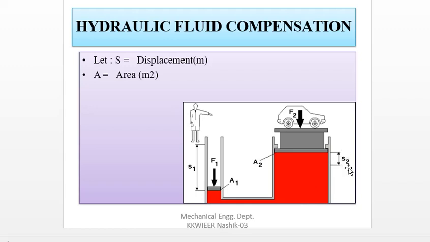So the displacement at cylinder 2 is S2. Displacement is in meters, and area is in meter square. You can see here S1 is very large as compared to S2.